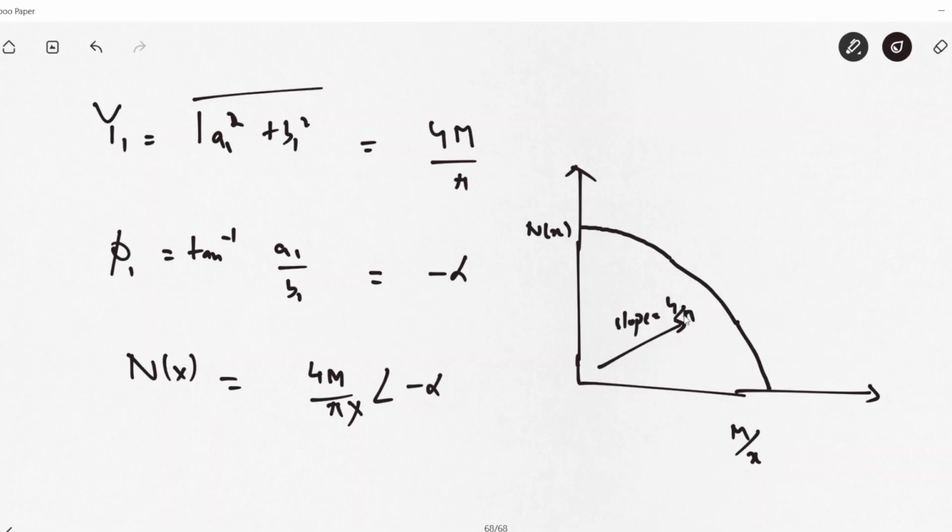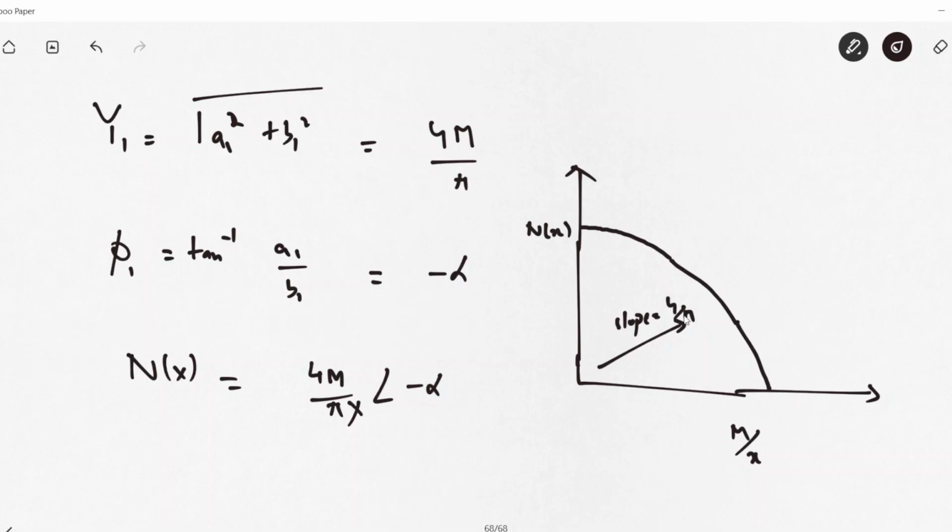Only difference is that because of this angle minus alpha, that's actually equal to sine inverse of h by X. So X is again in itself the input quantity, so we could have shifted that also to the left hand side with N X. So we are getting a drooping curve because of the negative sign, and this will be somewhat sinusoidal curve. So this is the plot of describing function with respect to the magnitude of the non-linear element.